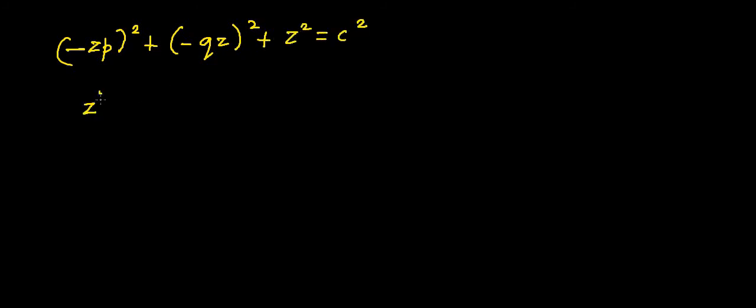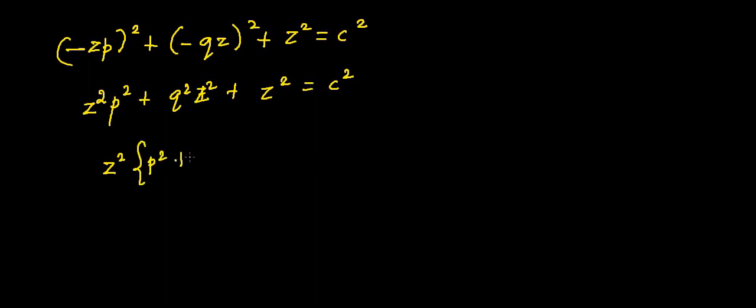So this can be written as z square p square plus q square z square plus z square is equal to c square, and z square can be taken out, and hence the equation is z square into (p square plus q square plus 1) is equal to c square. So which is the required partial differential equation for a sphere whose center lies on the x, y plane.